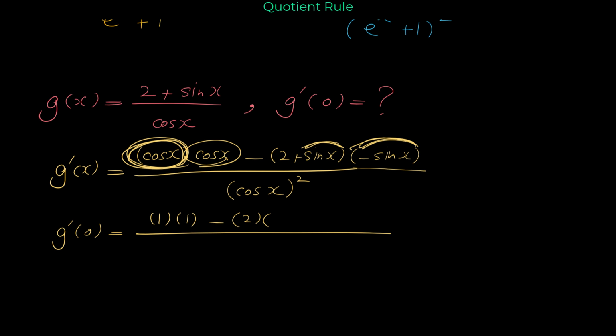Sine of 0 is 0. Negative of 0 is 0. So this is 0, all over cosine of 0, which is 1, 1 to the 2. The numerator is 1, 1 times 1 is 1. The denominator is 1. So g prime of 0 is 1. So the answer is 1. G prime of 0 equals 1.